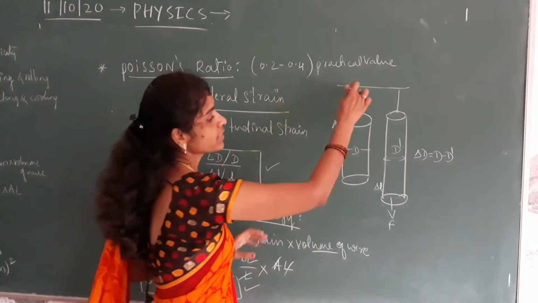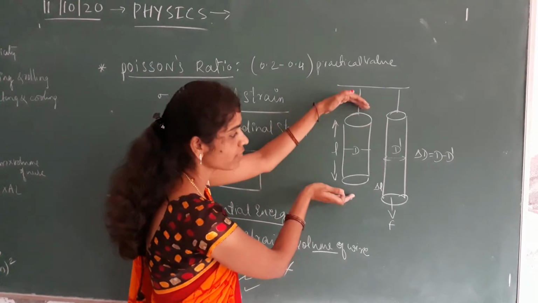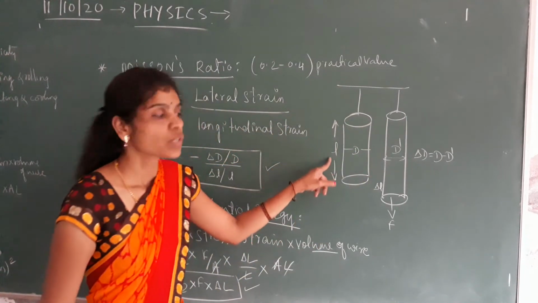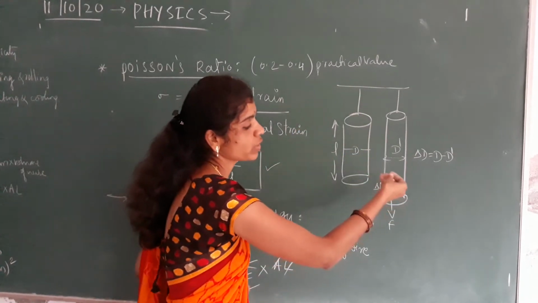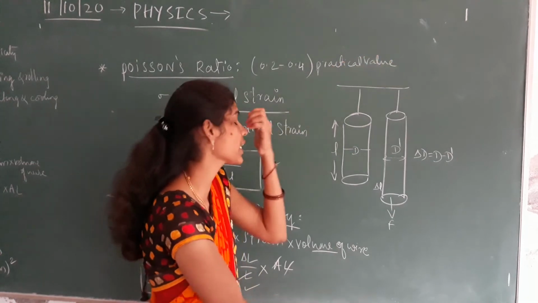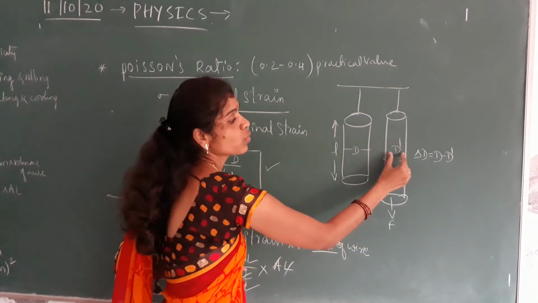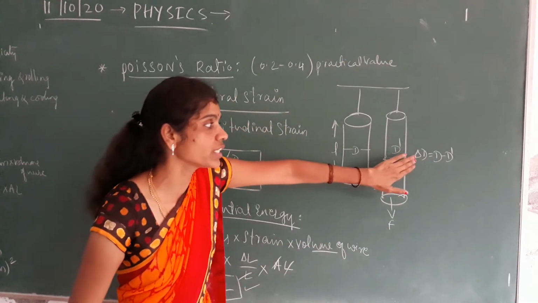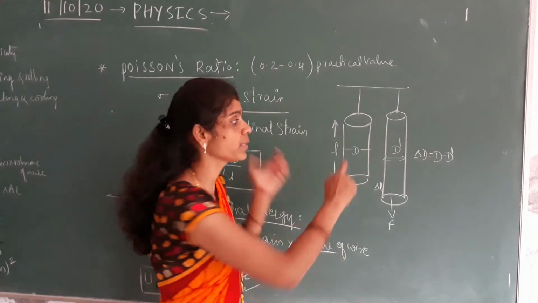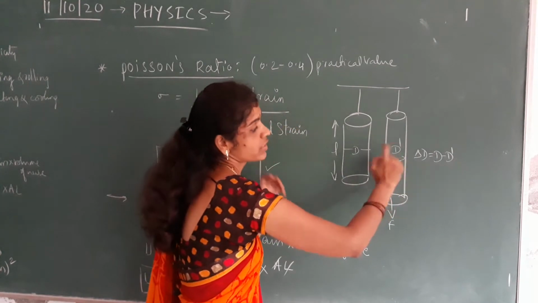So let us consider this is the rod. Initially it has a certain diameter D and original length L. When we apply stress, the length is going to elongate, that is, an increase in length takes place, so the diameter is going to decrease. Therefore, the change in diameter is taken as the difference of the original diameter minus the new diameter.